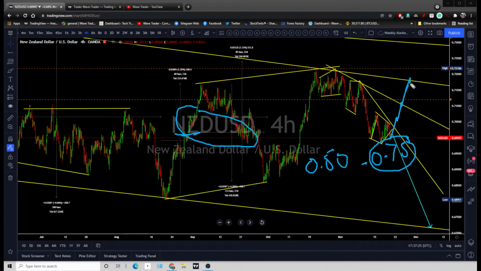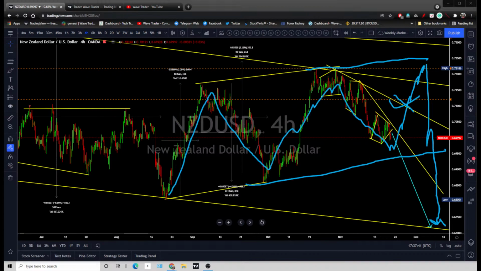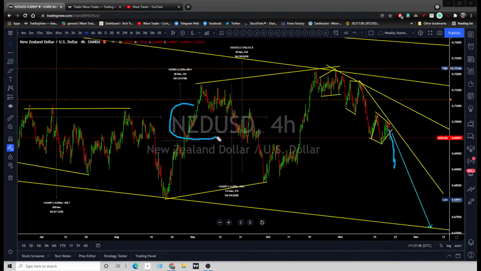Not expecting that move to come out, expecting it to just continue its trend, because this is the only pair which priced in very, very aggressively among the major currencies. New Zealand dollar priced in heavily, aggressively these rate hikes. We are having a drop even after hikes in New Zealand.